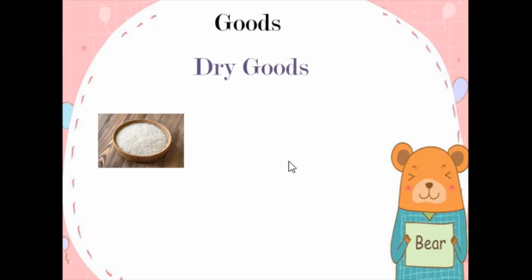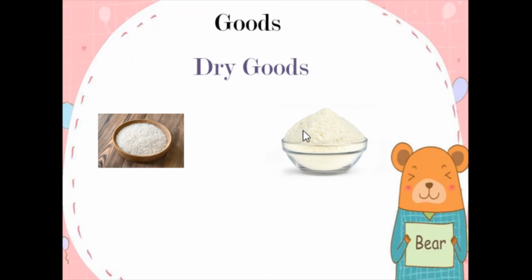Next, another example of a dry good is flour. This is what you use when you try to bake something. Flour is another example of a dry good.